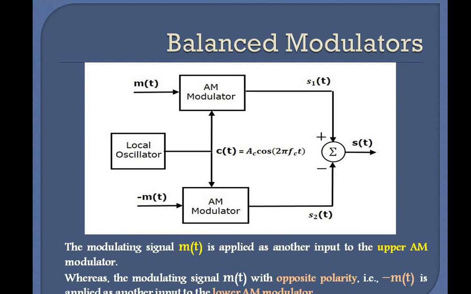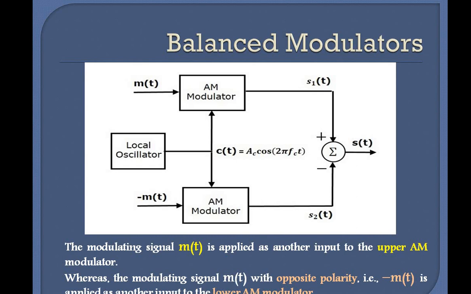Why am I saying the sign reversal? See, this is the modulating signal M of t. This is applied to the input of your upper AM modulator, means this part. Here I am applying the message signal normal M of t. To the lower AM modulator, the modulating signal with opposite polarity or phase reversal, minus M of t, is applied.